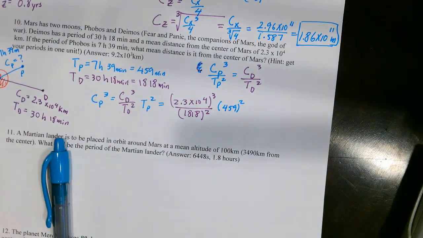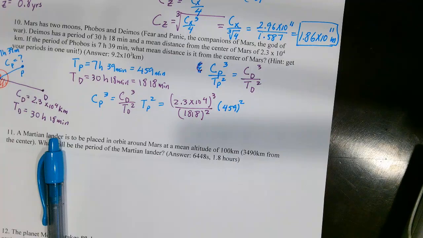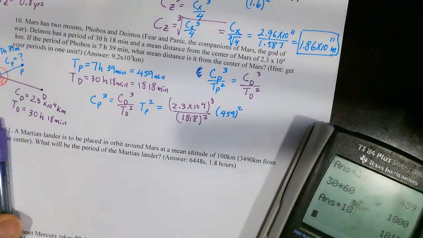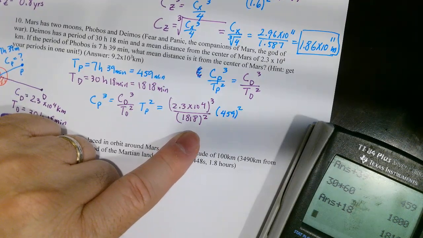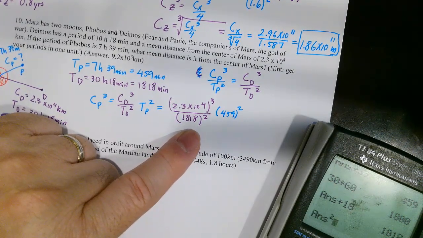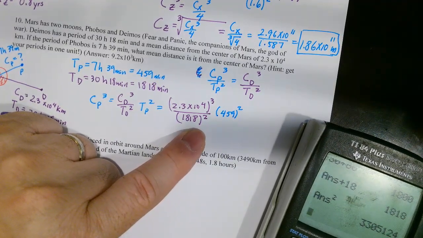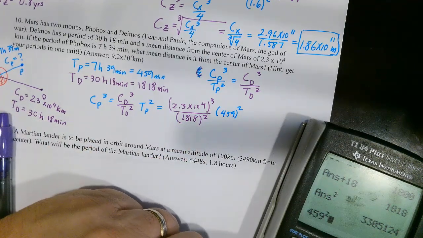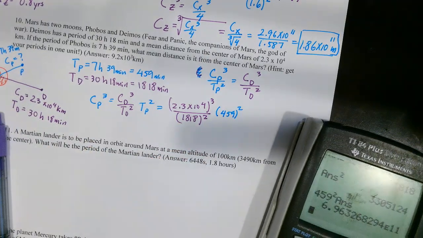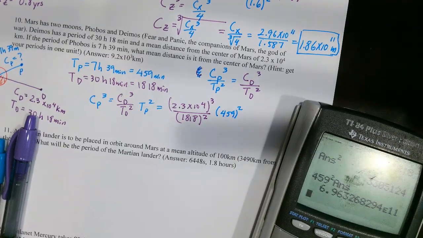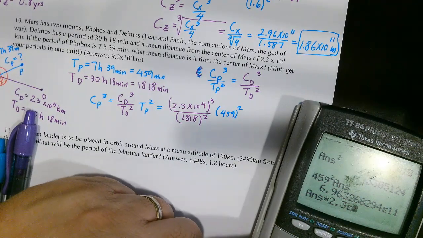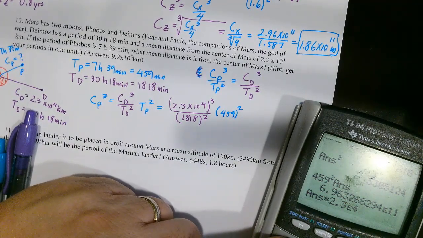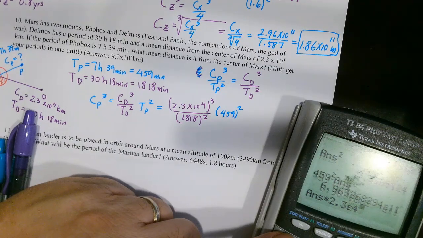All right. So what happens if you do that? That's a lot of mess, right? So you get 1818 squared, and 459 squared, divide that by the answer, and then multiply that by 2.3 E 4 raised to the cube.